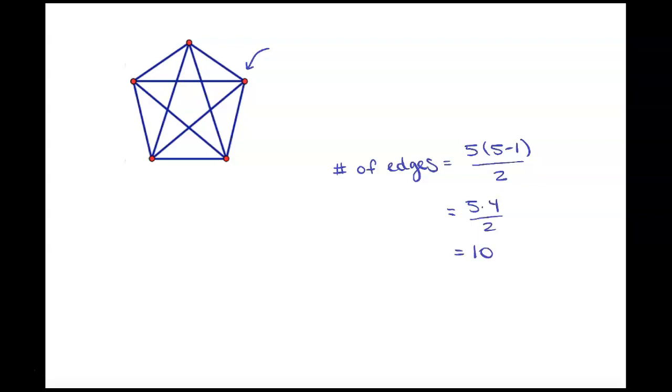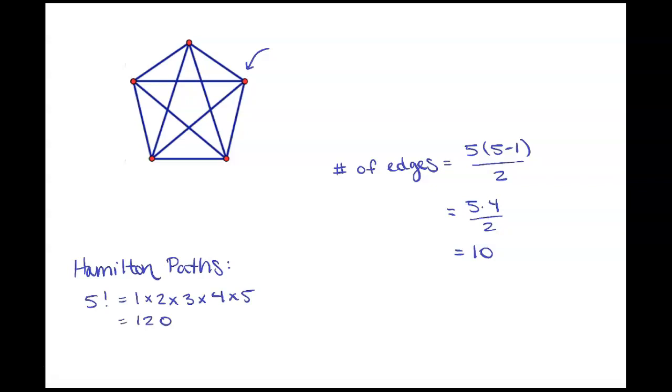Let's also calculate the number of Hamilton paths and Hamilton circuits. The number of Hamilton paths is equal to n factorial, and in this case, our n is 5. So we have 5 factorial Hamilton paths. That's 1 times 2 times 3 times 4 times 5, or 120.